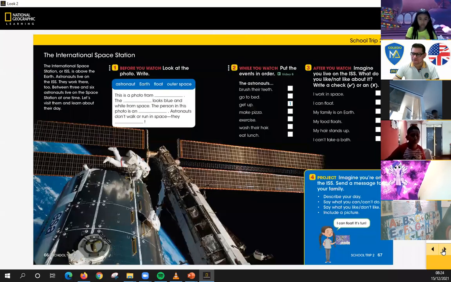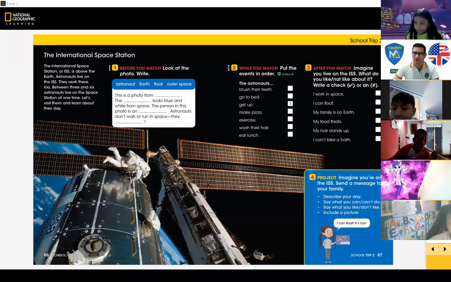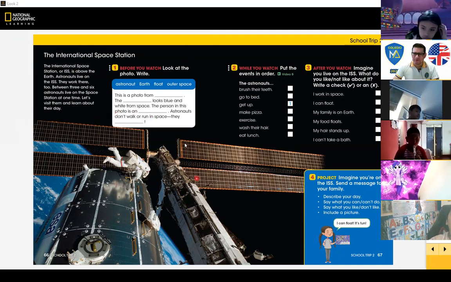Now let's see, this is something new for you. Here we have the International Space Station. This is the school trip number 2. Before you watch, look at the photo and write. Okay, let's see. What do we have here?